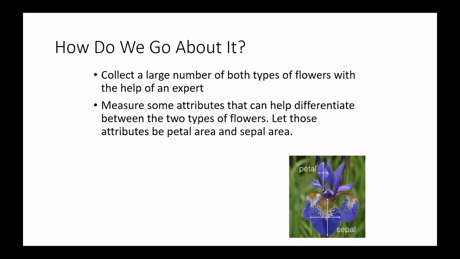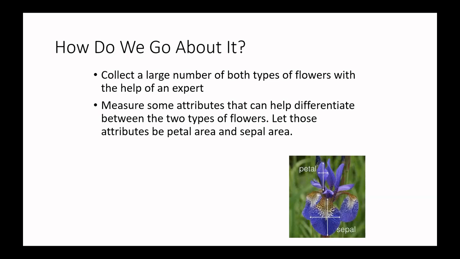So you are collecting data, and then the expert is assigning labels to this data. You collect, let us say, 100 flowers, and the expert says these flowers are of type 1, and these flowers are the other type.